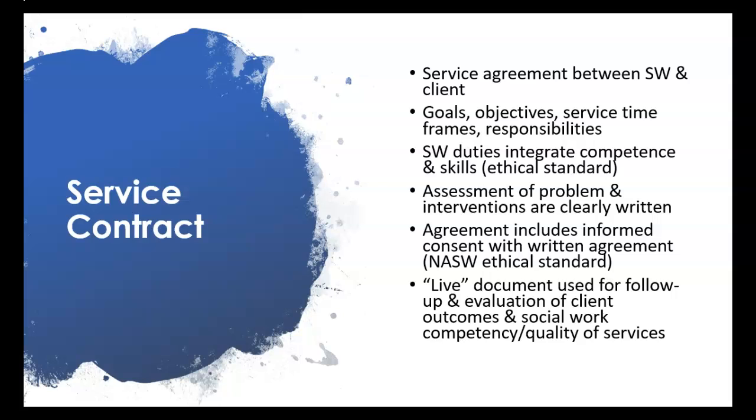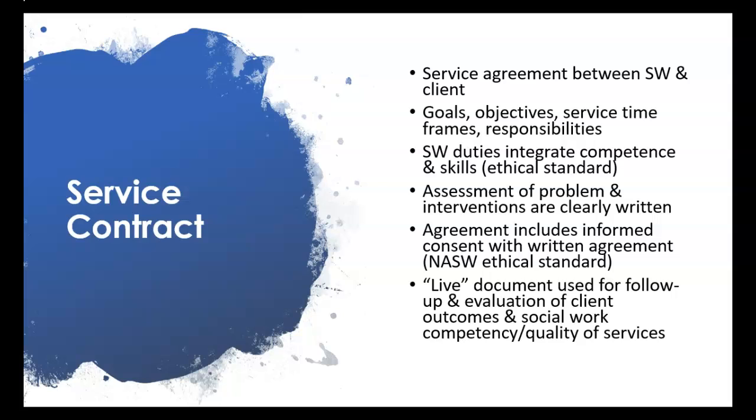So again, making sure that competency and skills, if you're outlining that you're doing models of practice, for example, if a social worker is saying in their service contract that they're offering CBT, cognitive behavioral therapy, then the person responsible needs to be a licensed clinical social worker, LCSW, for example.